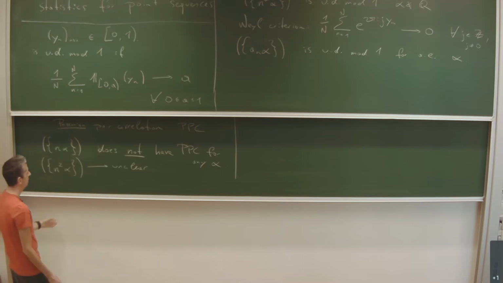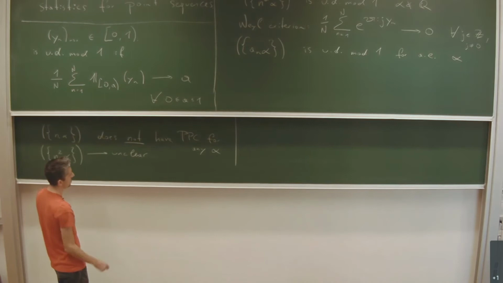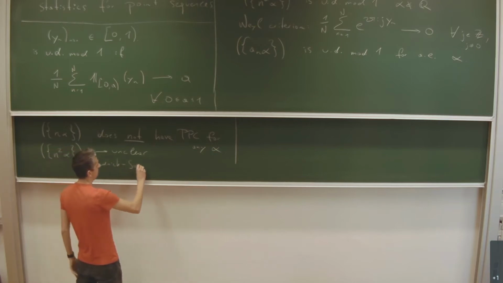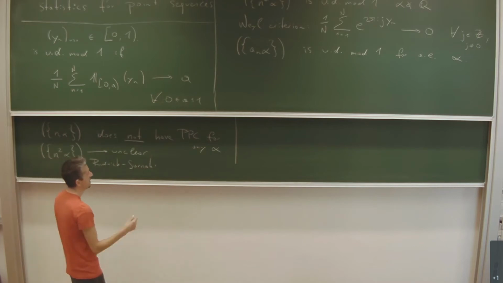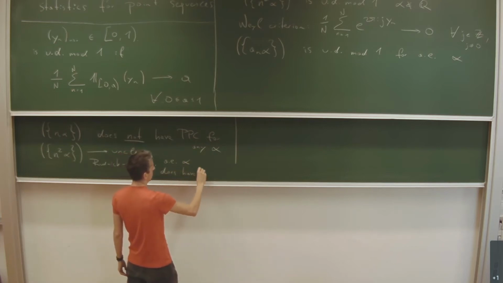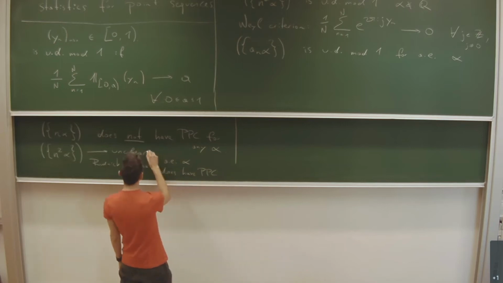But there is a general metric result of Rudnick and Sarnak, something like 20 years old, which says that for almost all alpha, this does have Poissonian pair correlation.